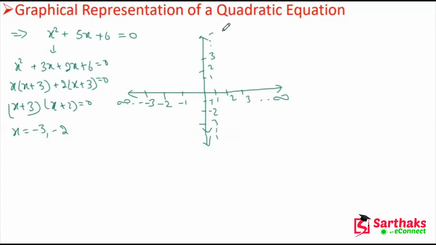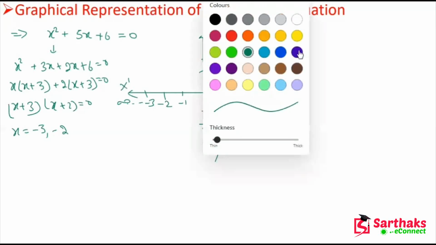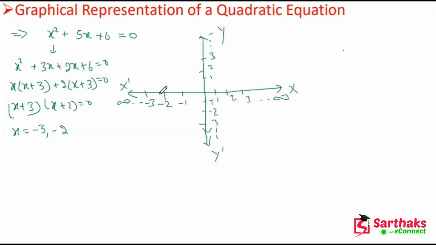This is y, this is y dash, this is x, this is x dash. So we have two roots, minus 3 and minus 2, so the curve will intersect at these points. So the curve is like this.